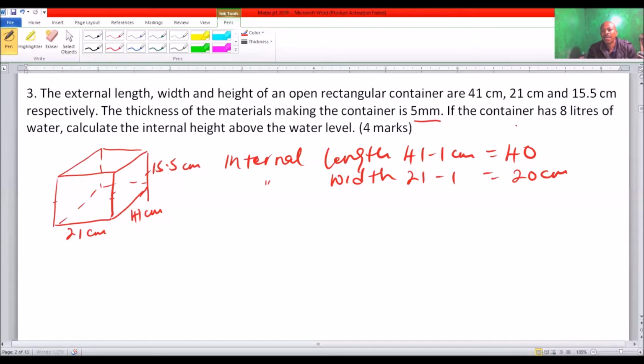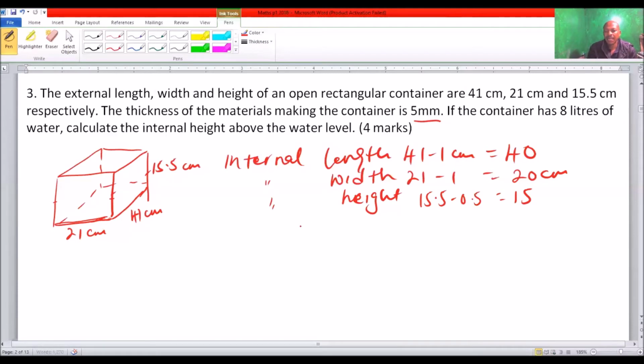This means that we have the internal height, which is equal to 15.5 minus 0.5 centimeter, because 0.5 centimeter is the same as 5 millimeters. So this will give you 15. Why? Because we are only subtracting the bottom, which is 5 millimeter.